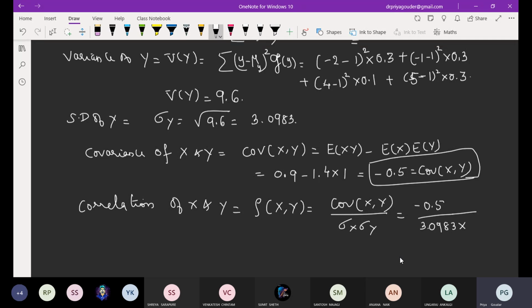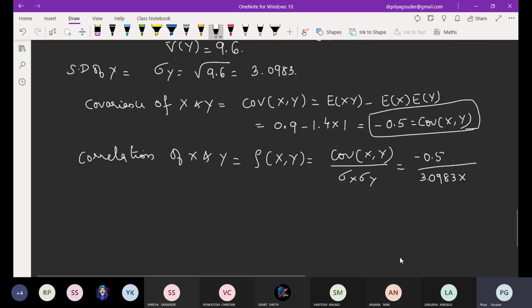Tell me what is this? What is the answer? Minus 0.3294.